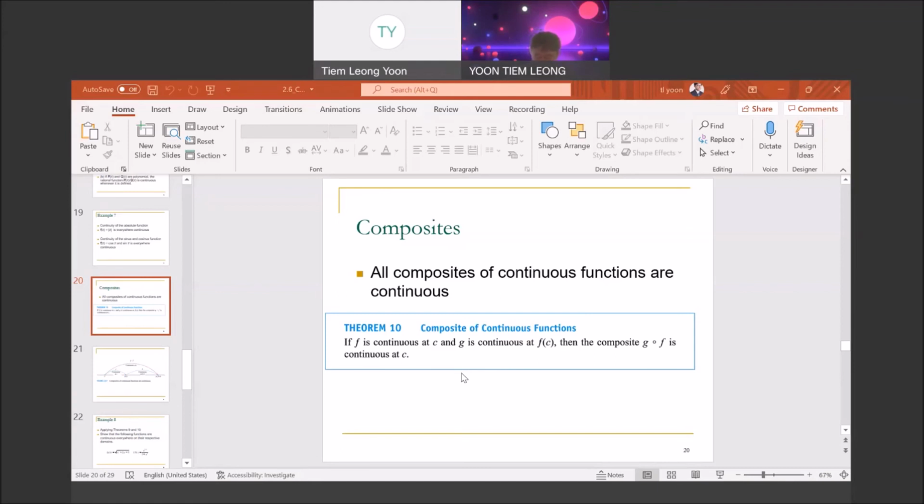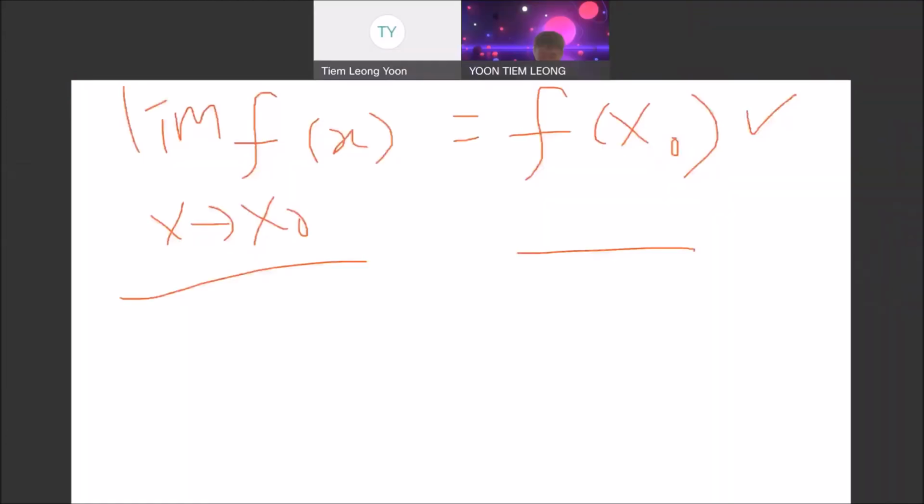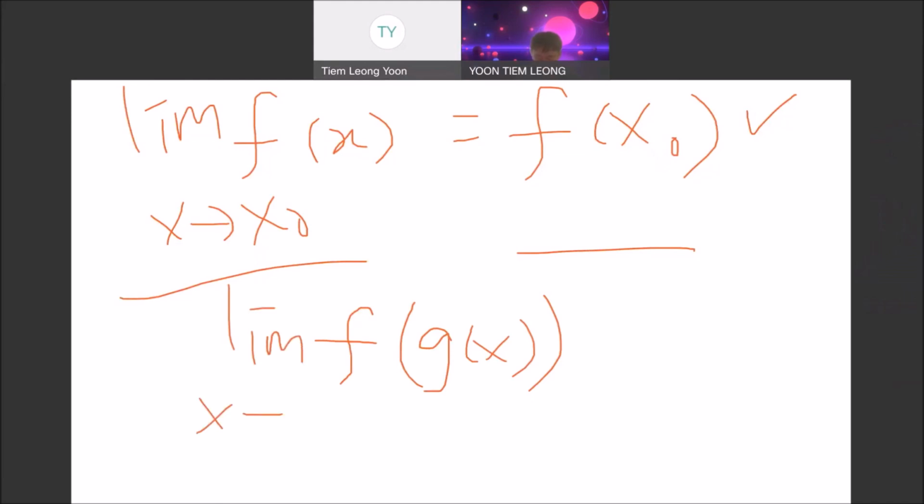Specifically, the statement, the way I write it, is like this. If you have a function g which is continuous at c, and you put the values of g into f, and then take x goes to c.